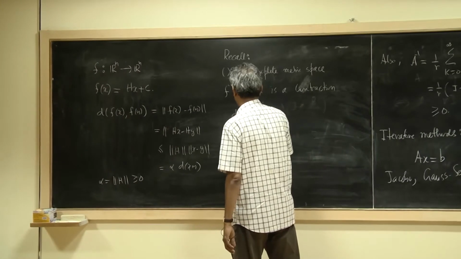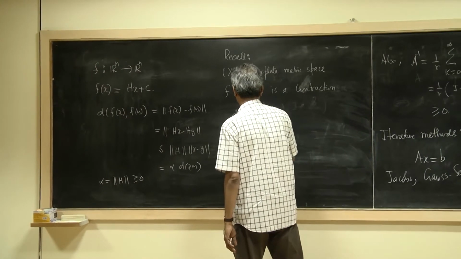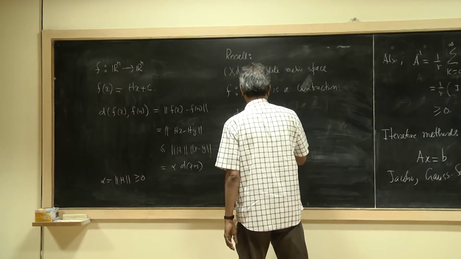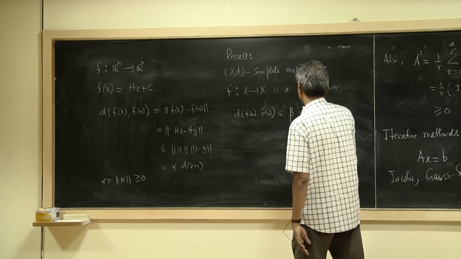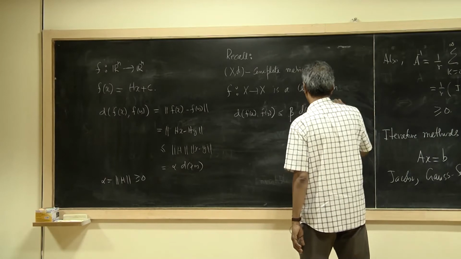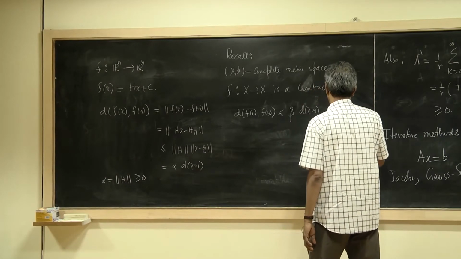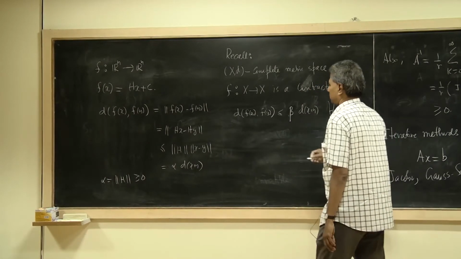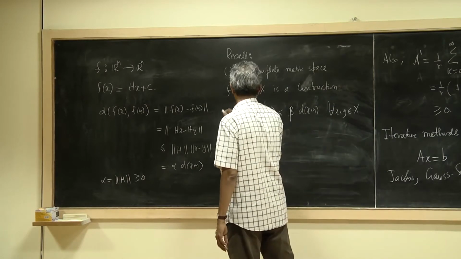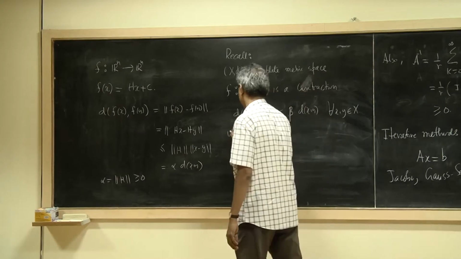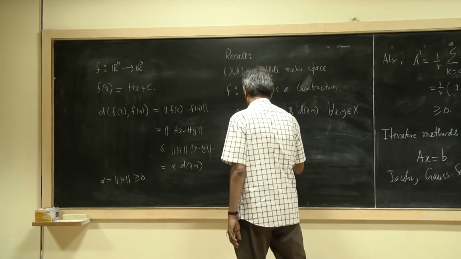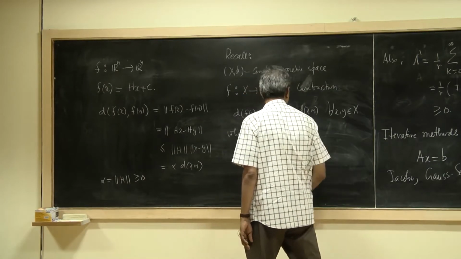It's precisely d(fx, fy) is less than or equal to, now I use some other constant, beta times d(x, y). This must be true for all x, y in X. This beta is independent of x and y, and it lies between 0 and 1.